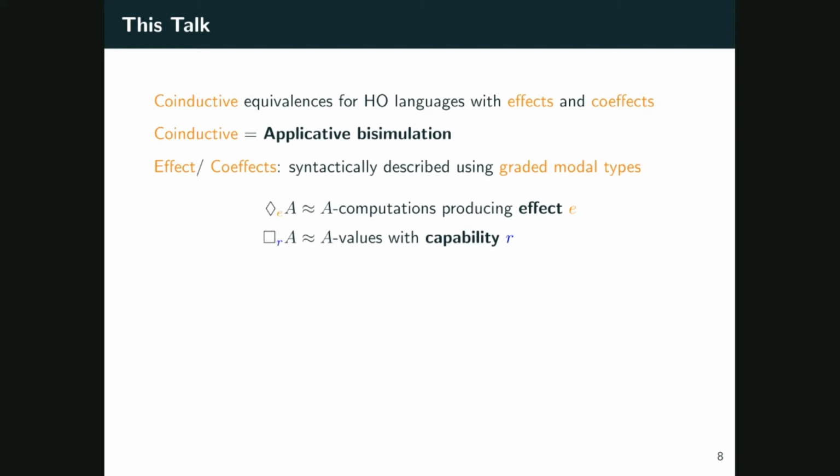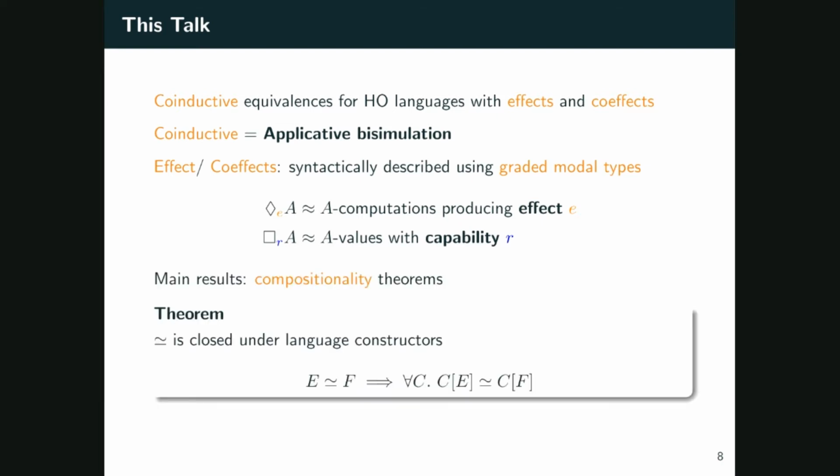And another modality, a box modality, which expresses the kind of capability of code, namely the kind of manipulation that we can make on code. And the kind of results I will show you are essentially compositionality theorems, which just state that the equivalences studied are congruences, this way enabling compositional reasoning about programs.